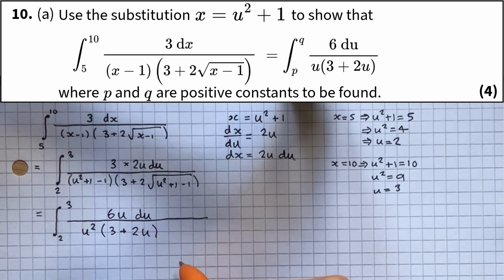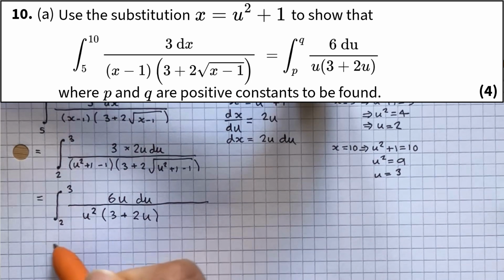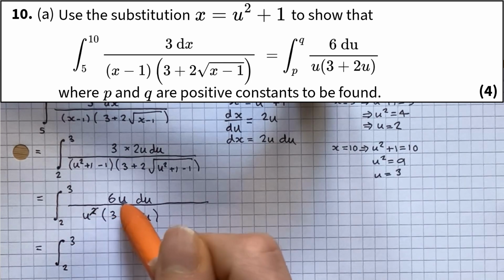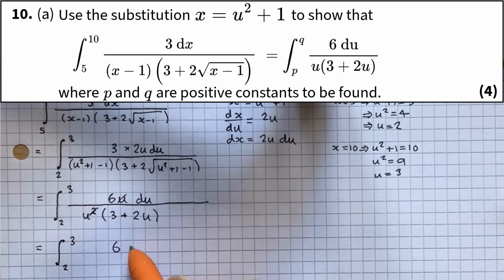Comparing this to the answer now, it's looking quite close. But there's one more thing to do, and that's to cancel out a u in the numerator and a u in the denominator, like this. That gives us 6 du over u times (3 plus 2u), as required.